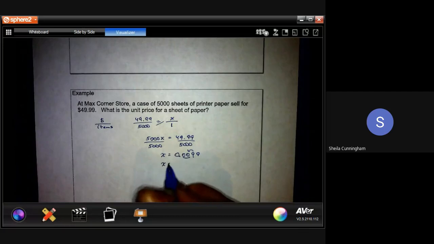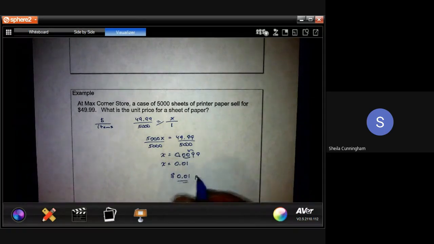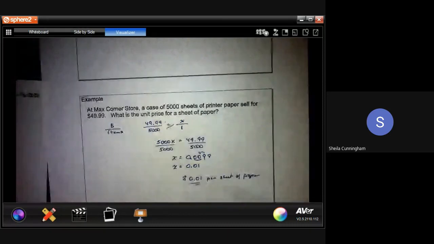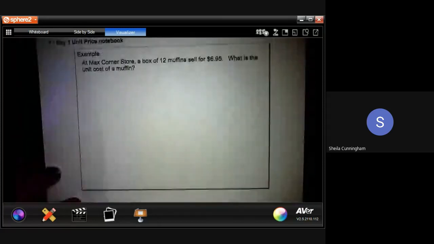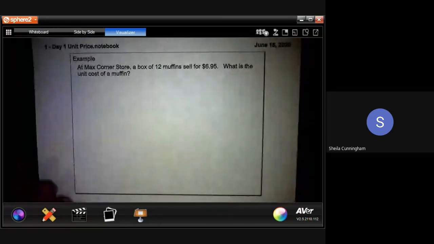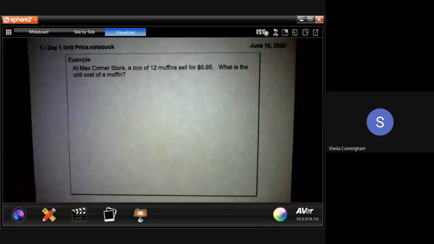So I'm going to have 0.01, which means each sheet of paper is 1 cent. That's per sheet of paper. It doesn't sound like a whole lot, but when you have to buy a case of 5,000, it starts to add up. Okay, let's look at the last one.